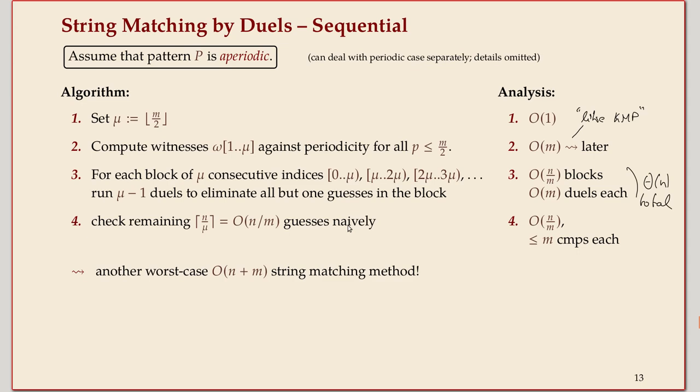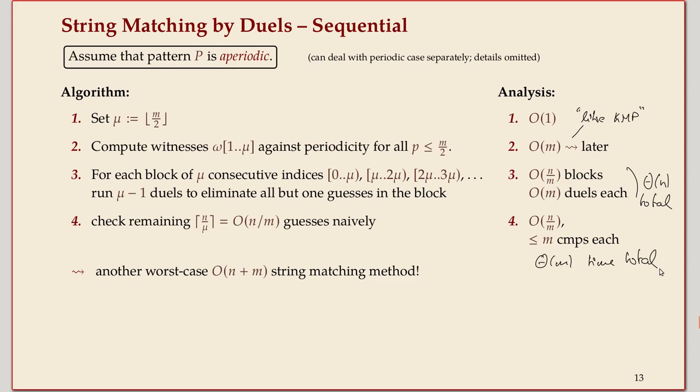And then the last step, again sequentially, for each of those positions, we do our m checks with the characters. If we found a match, we report it. If not, we don't. Again, in total, theta m time. If you add this all up, it's another theta n plus m worst case optimal string matching method, essentially like KMP.